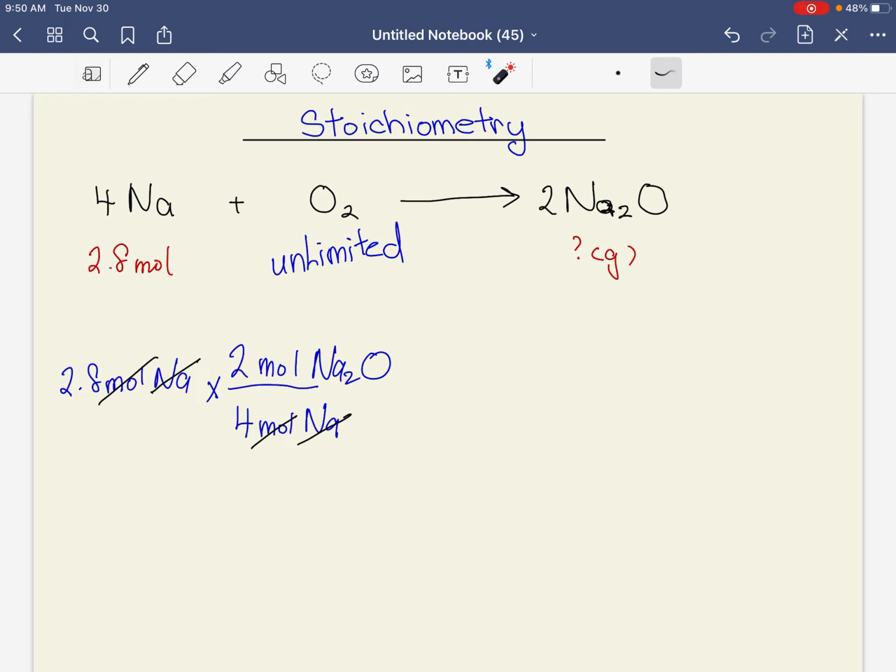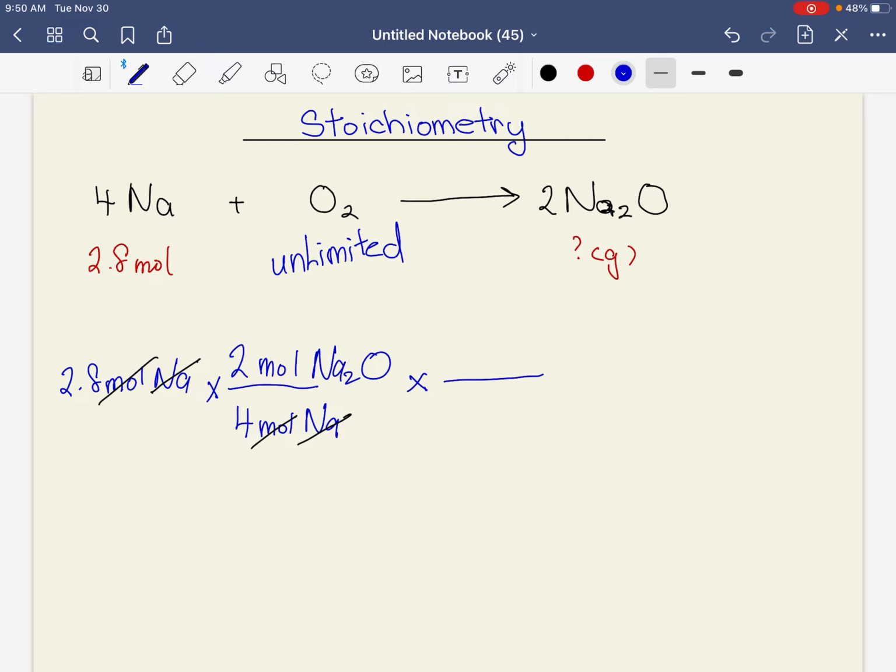We're going to continue changing moles to grams by multiplying by the molar mass of Na2O. So what would that be?